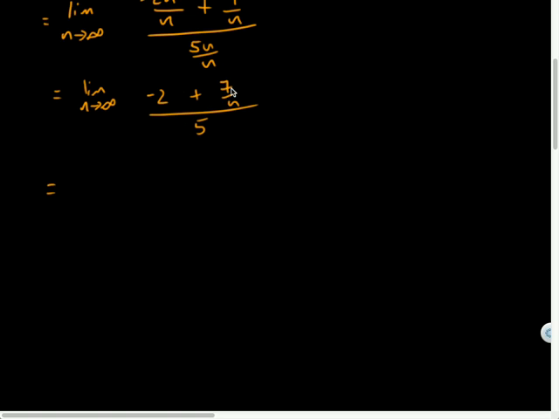The limit of 7 over n is going to 0. Bless you, by the way. And the limit of 5 is 5. So this is approaching negative 2 over 5, or negative 2/5, or negative 0.4 if you're interested in that.